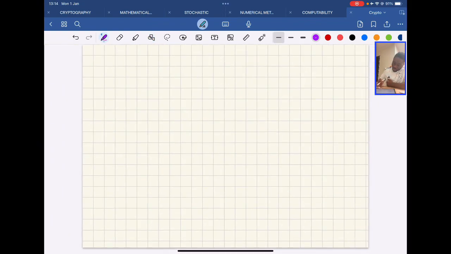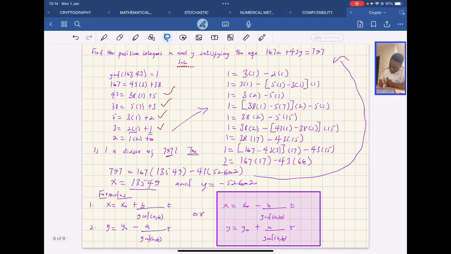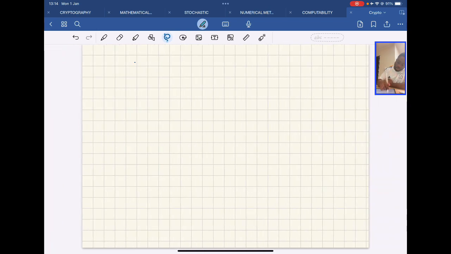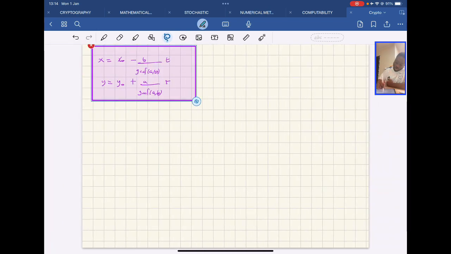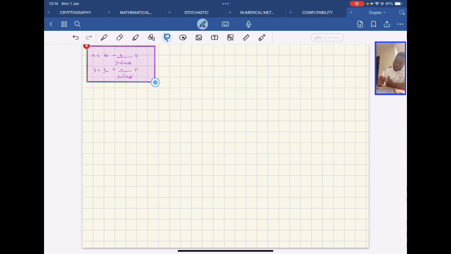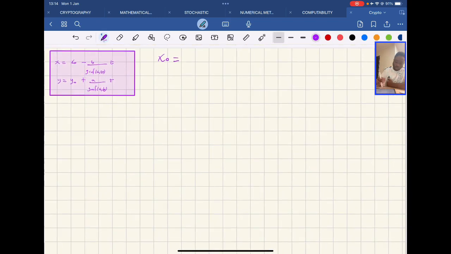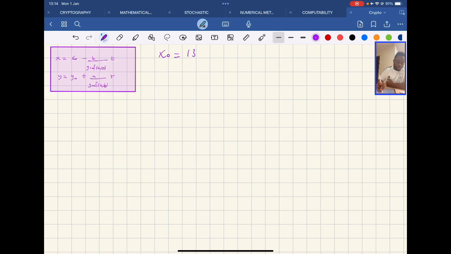So let's copy that formula. We have this formula over here, and we also have x naught to be equal to 13549 and y naught to be equal to minus 52602.